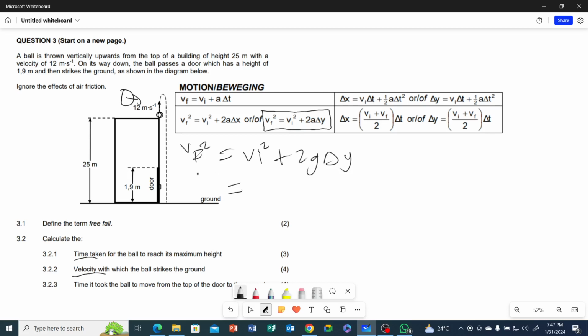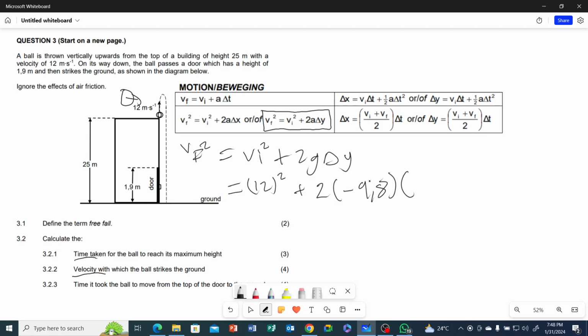So let us substitute. We are going to have positive 12 squared plus 2 into minus 9.8. This is a constant. Delta y.